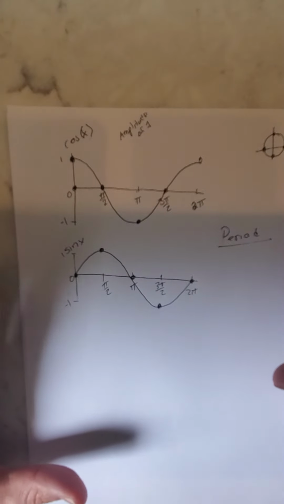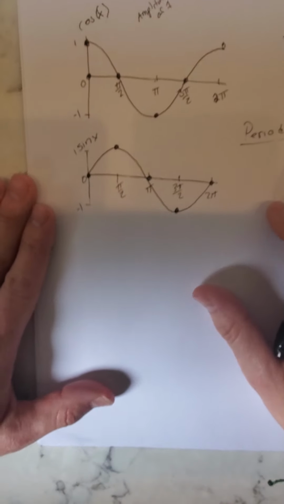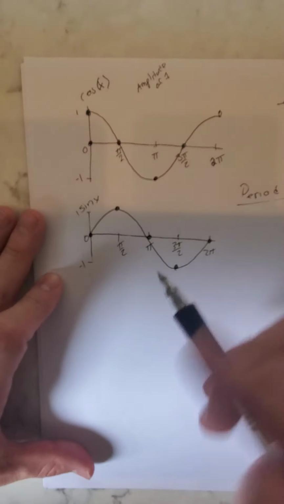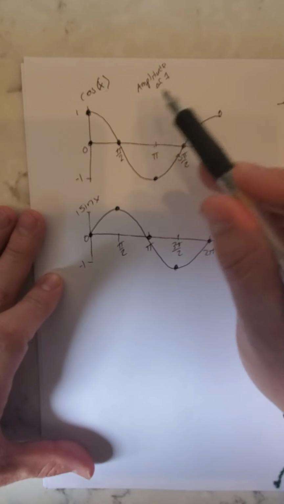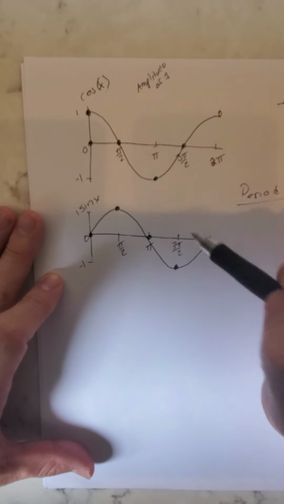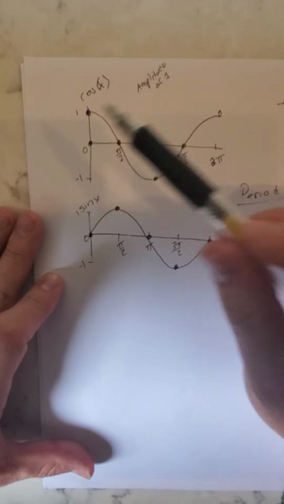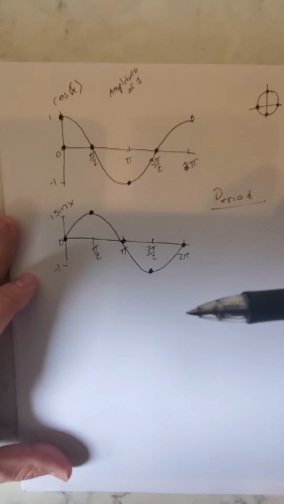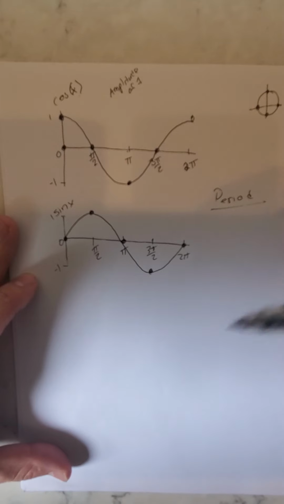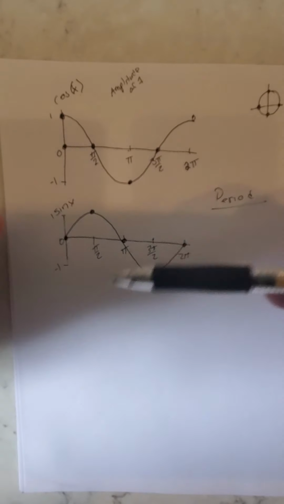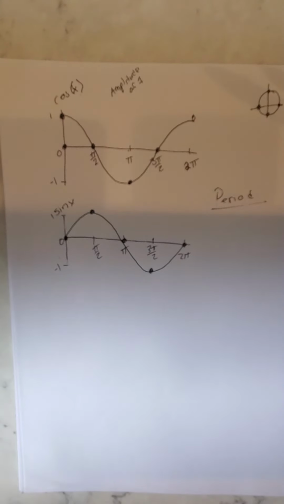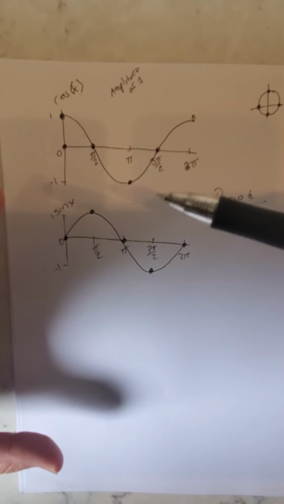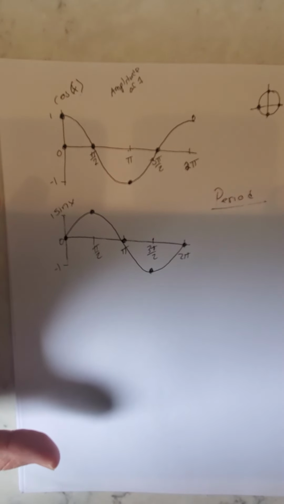Now I'm going to show you how we can change the amplitude of this function. If you change the amplitude, you do not change the period. The period stays the same. Changing the amplitude is like changing the size of the circle. The circle is larger, however, it's still a circle. You're still going around the circle at the same speed.